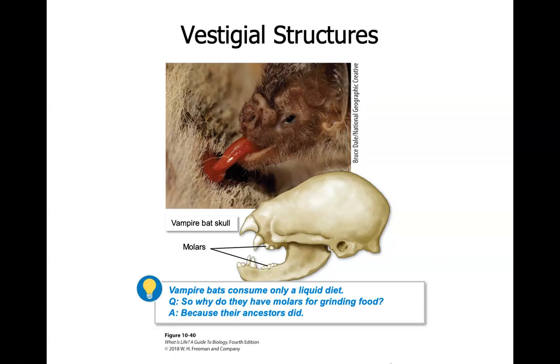Sometimes you see vestigial structures in living organisms, sometimes you see them in development. So if you go back to that embryo slide, you'll see the gill slits in humans as another vestigial structure. We don't have gills. That structure ends up developing into something very different in humans.